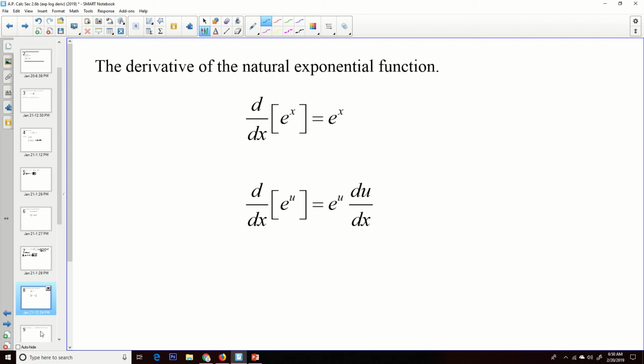All right, the derivative of the natural exponential function: the derivative of e to the x is e to the x, which is kind of a funky thing, but I'm going to show you why that works. And the derivative of e to the u is going to be e to the u times the derivative of u. Again, this is an example of a chain rule.